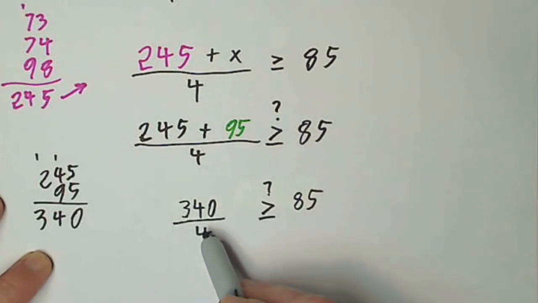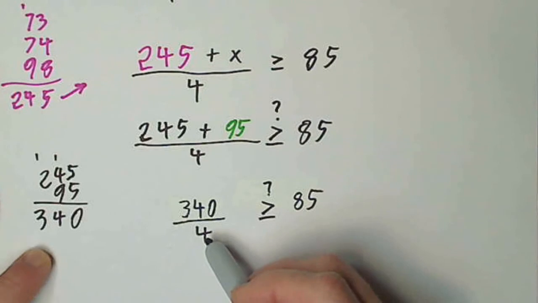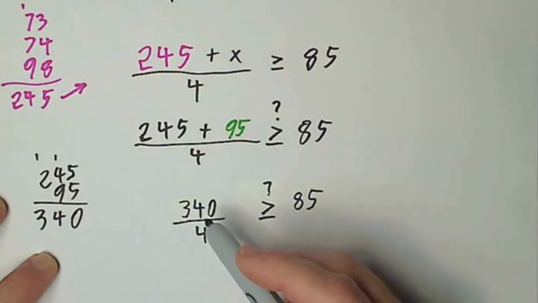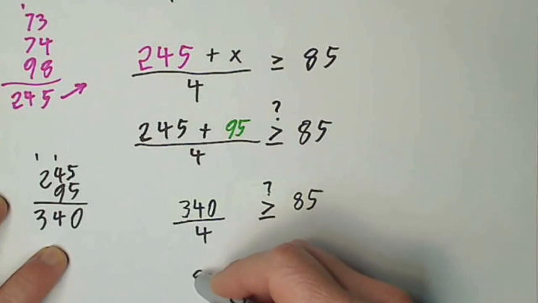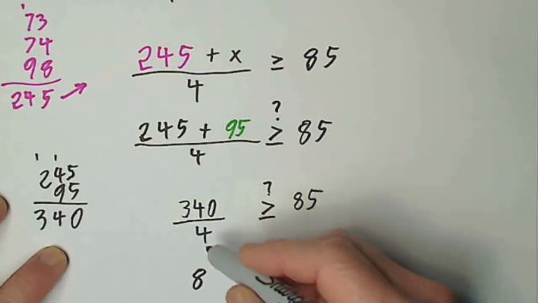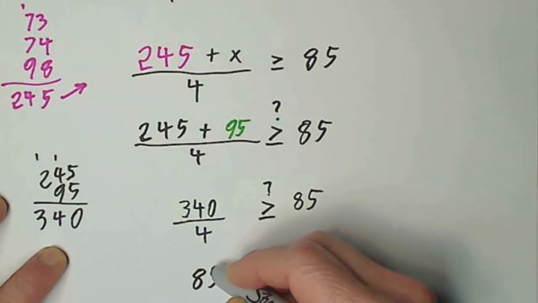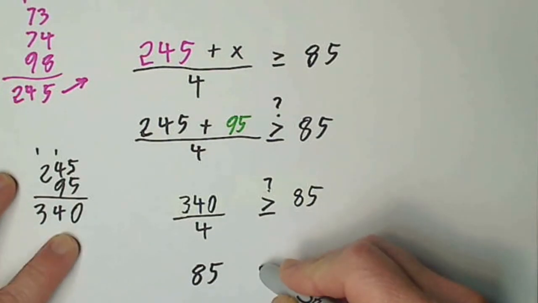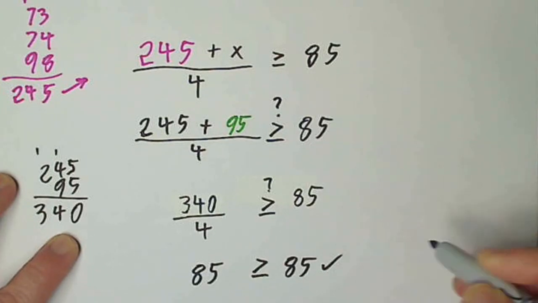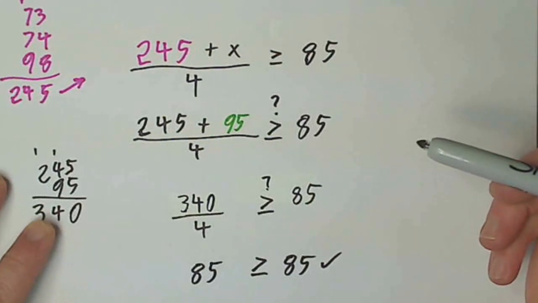And then 340 divided by 4. 4 goes into 34 8 times with 2 left over, so that would be 20. 4 goes into 20 5 times. So our value of 95 checked out just fine.